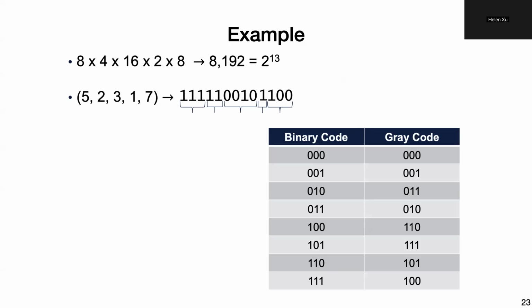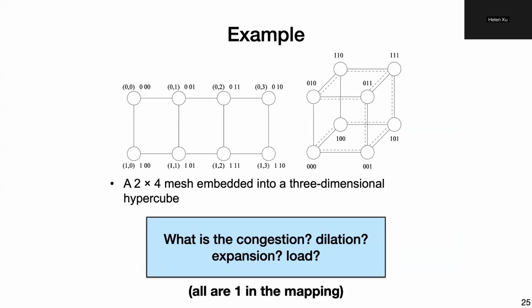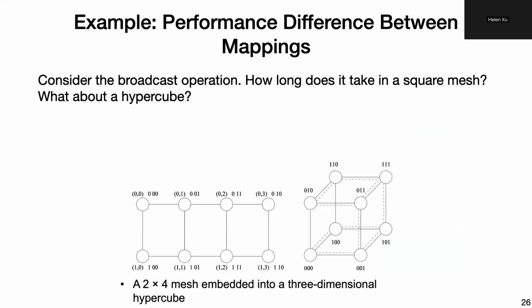Other questions? Okay, great. So we can move on. This part is briefly about performance differences that you get in mappings. Let's consider broadcast for a second. How long would it take in a square mesh versus a hypercube?